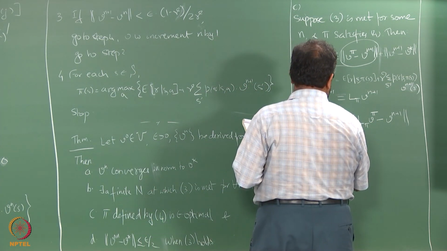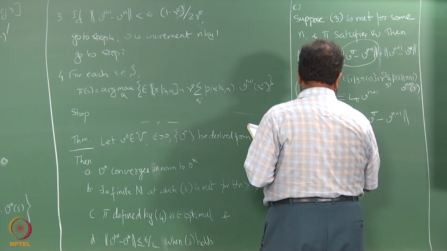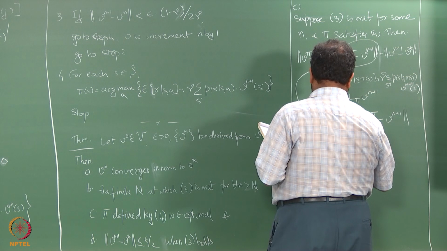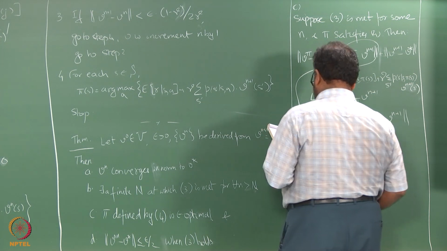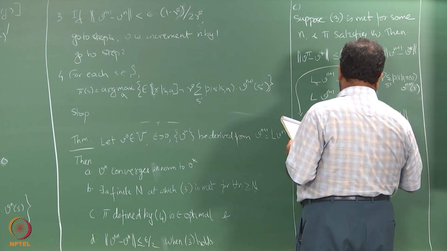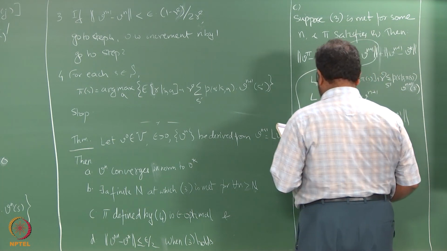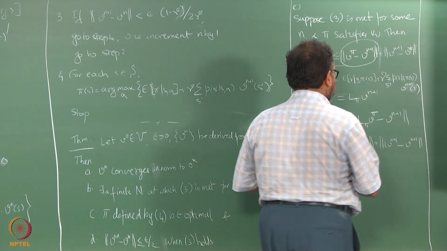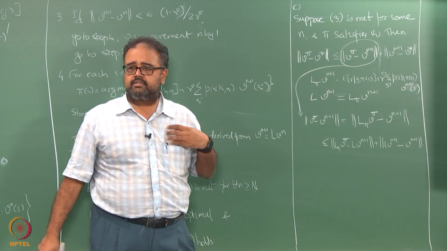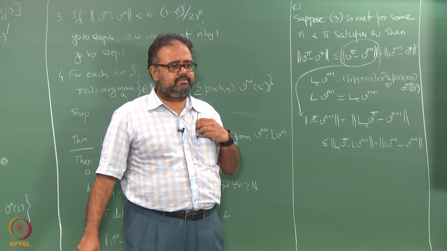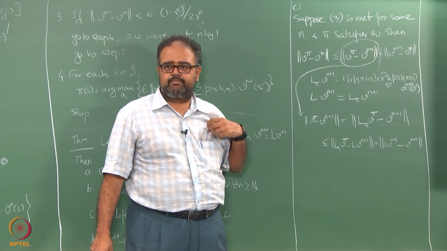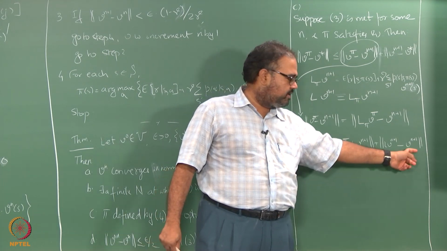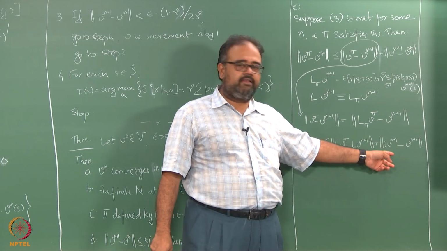Okay, so now can I do this? Same application of the triangle inequality as we had before. The three points are L pi V pi, Vn plus 1 and L Vn plus 1.